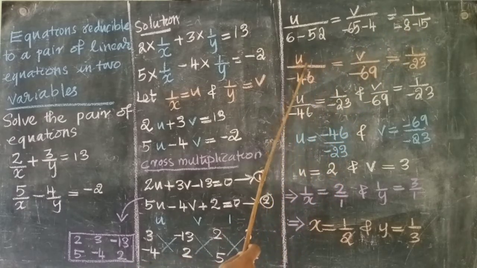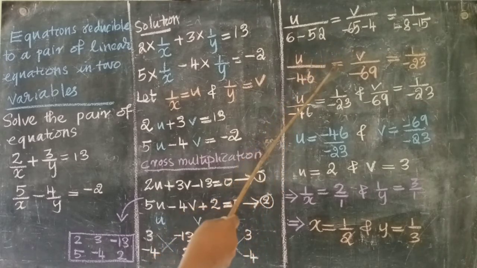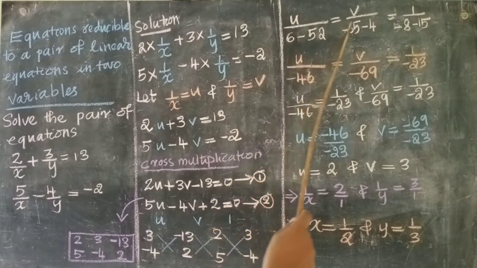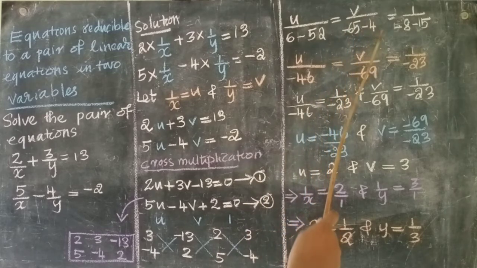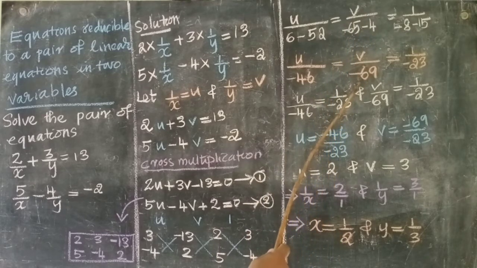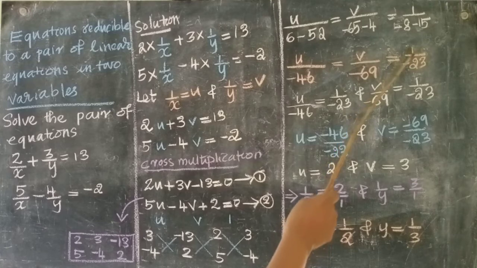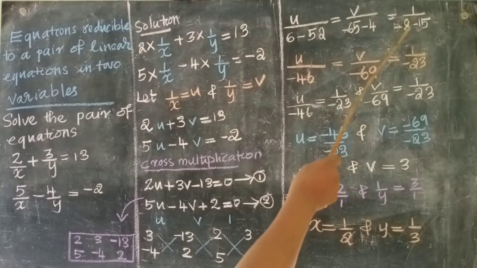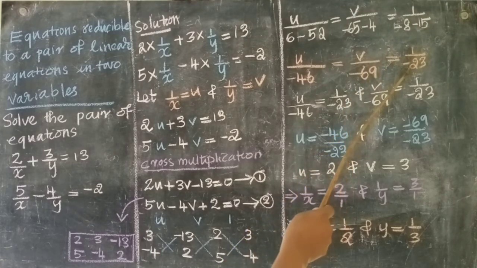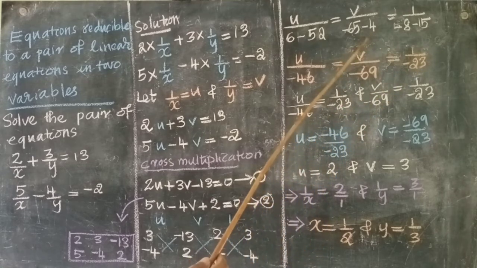So, u divided by 6 minus 52, which is minus 46, equal to v divided by minus 65 minus 4, which is minus 69, equal to 1 divided by minus 8 minus 15, which is minus 23.